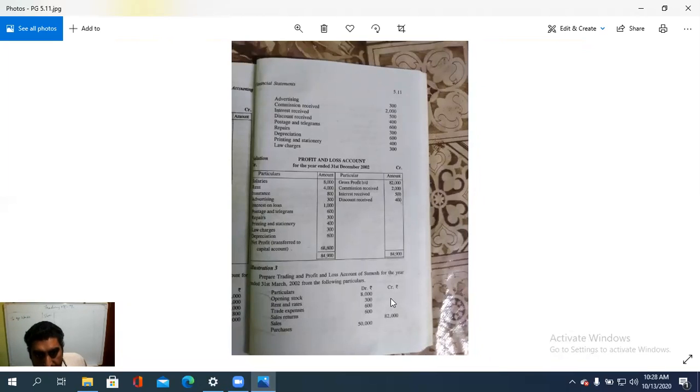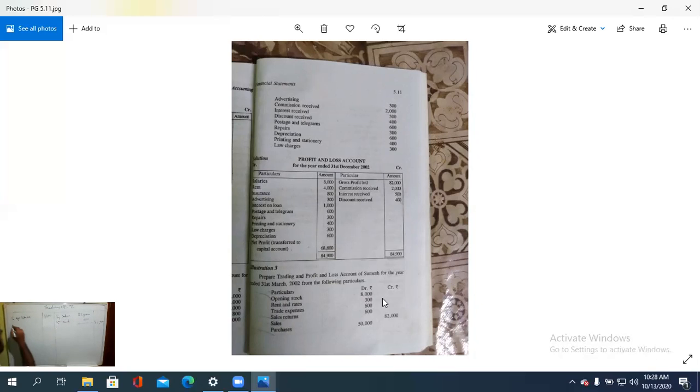Then sales less returns. How much is it? Sales returns is 600 and sales is 82,000. So by sales 82,000 in the inner column, less returns, how much? 600. So it is 81,400. Isn't it?